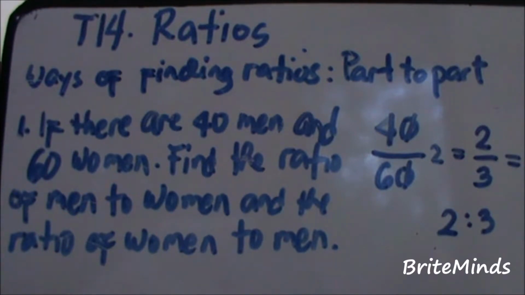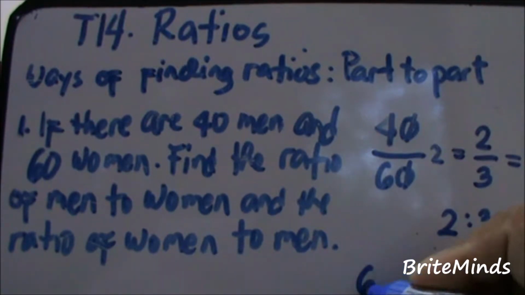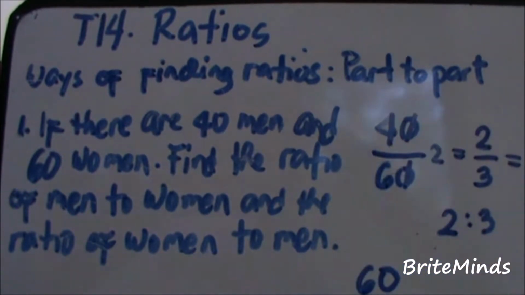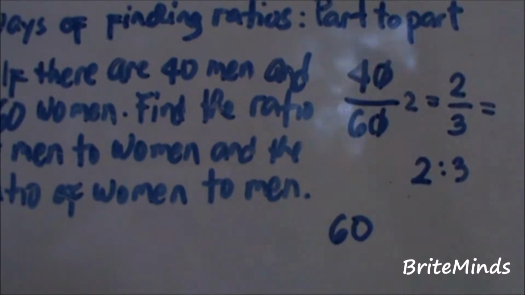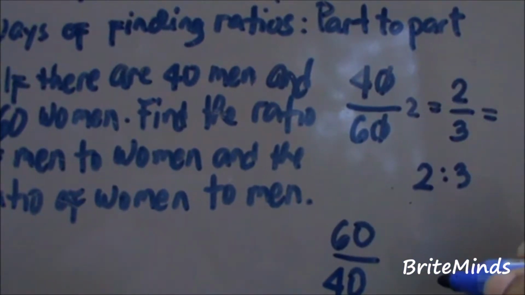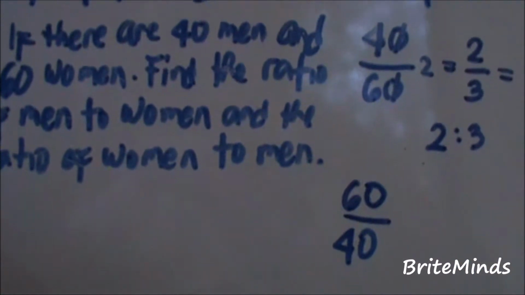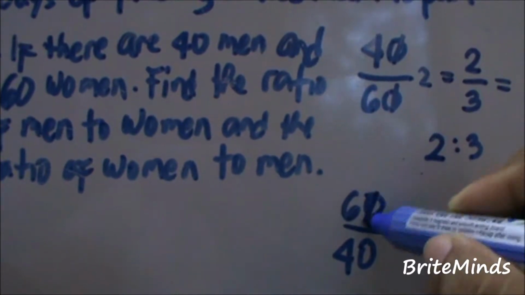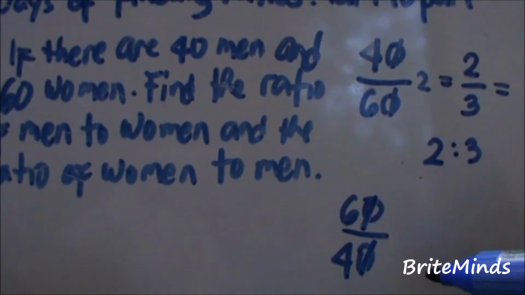And then finding the ratio of women to men. We follow the same method by division. So we have 60 women by 40 men. Then we cancel the zeros.